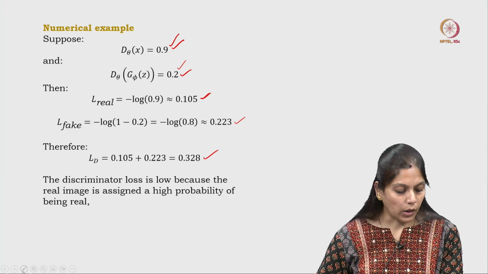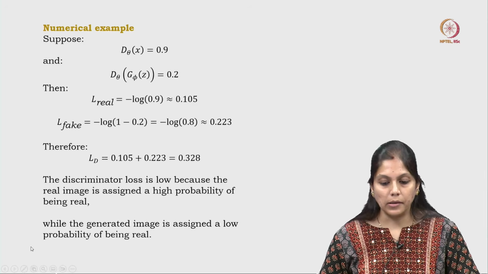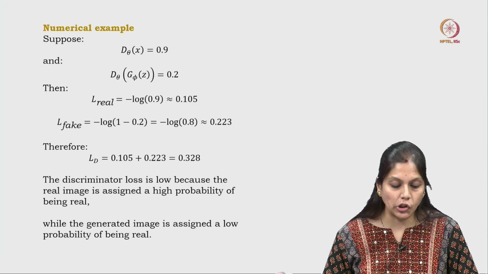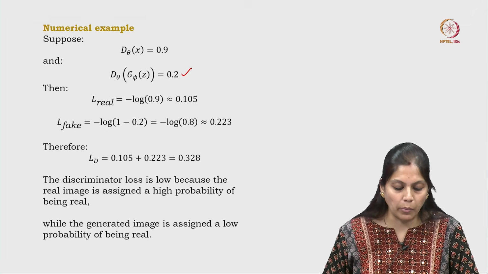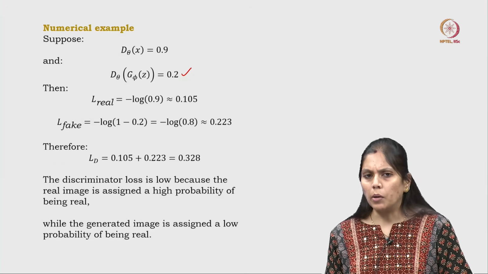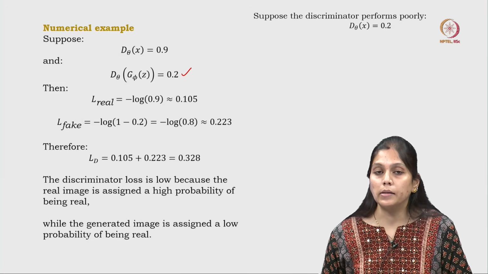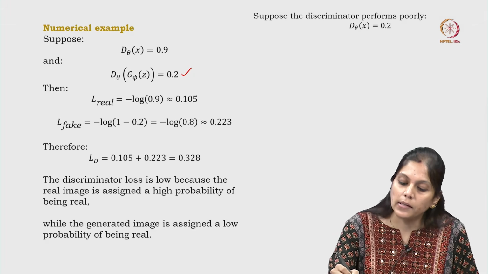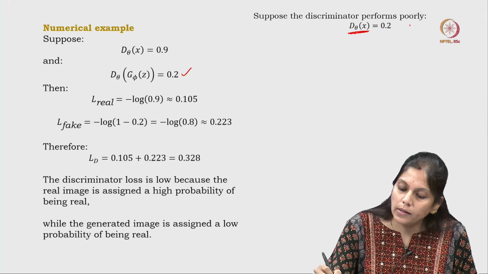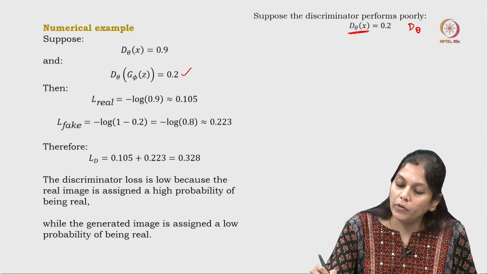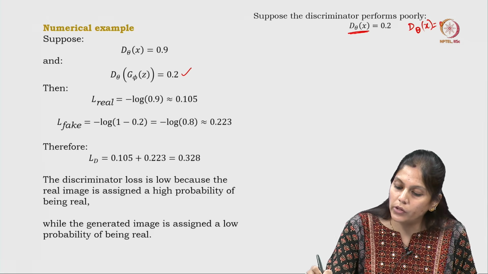Now, let us take a counter example. Let us look at the other side. What is the meaning of this alone? This is the discriminator's prediction on a real image, and the value is 0.2.